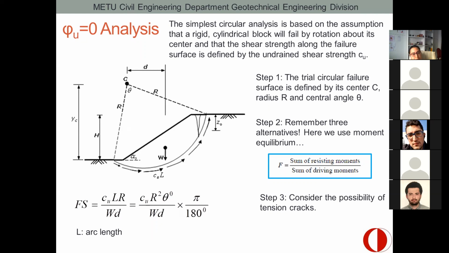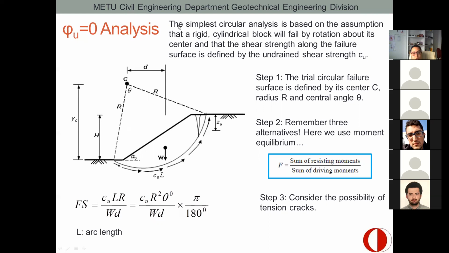And again, this first one is simple to understand, but only limited to a certain failure mechanism and a certain type of soil. Which type of soil? Clays, undrained conditions. Which type of mechanism? As you can see on this picture, a circular or rotational slope.